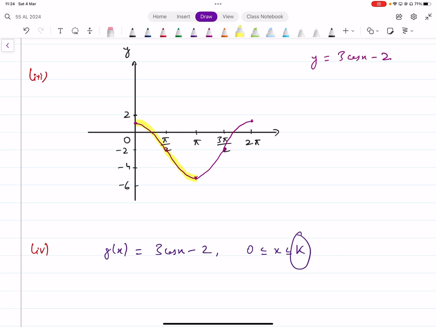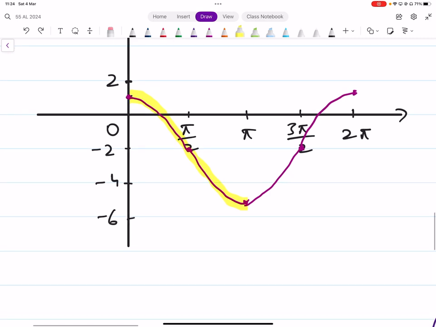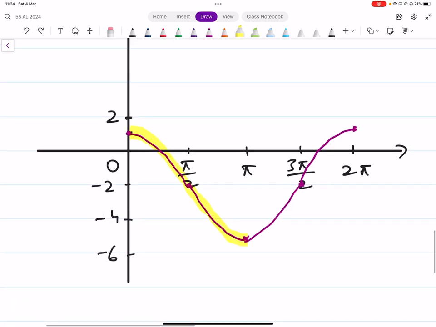If you go even slightly beyond the turning point, it will not be one-to-one. Remember, with quadratic functions also, we used to break the graph at the turning point and it became one-to-one. Here as well we say the maximum value is going to be until we reach the turning point. If you go even slightly beyond the turning point, it will not be one-to-one, and its inverse will not exist. Okay?